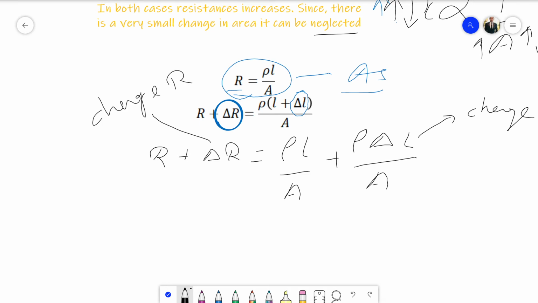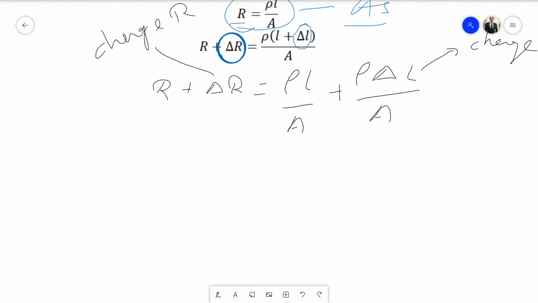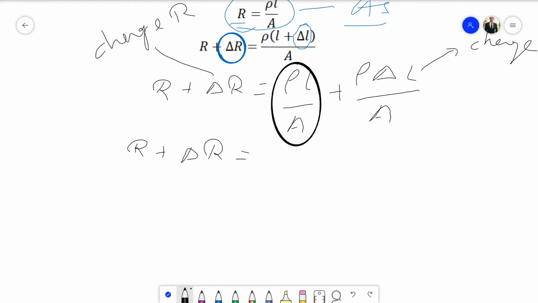I'm only teaching you how to do the derivation of the metal wire strain gauge formula. This is the resistance, plus delta L upon A.